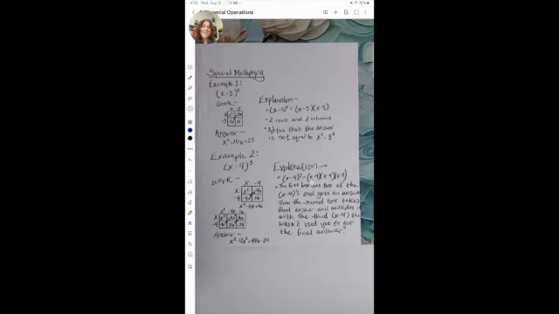So we have x minus 4 times x minus 4 times x minus 4. So that means what we need to do is actually choose 2 of these x minus 4s and do like what we did before, where we do a 2x2 box, and we get an answer from doing that. So x minus 4 times x minus 4 is going to equal x squared minus 8x plus 16.